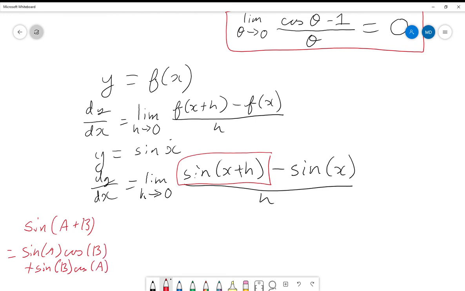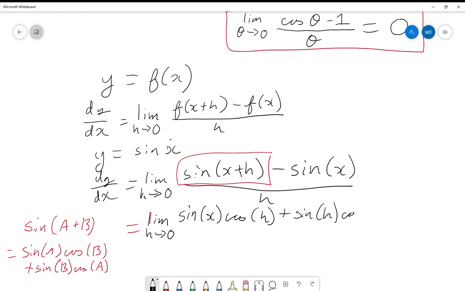And so applying that here, we get that this is equal to the limit as h tends to 0 of sine x cosine h plus sine h cosine x, still minus sine of x, and all divided by that h.